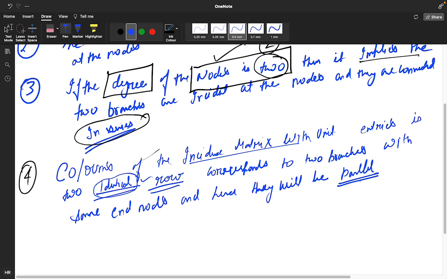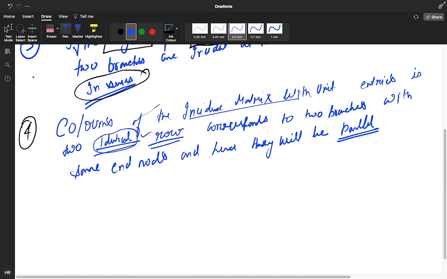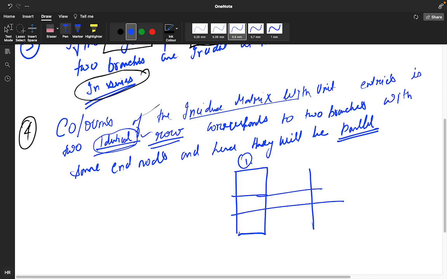Okay, so a column of an incidence matrix with unit entries in 2 identical rows, like see, if you have some value, this is your row, this is my row 1 and this is my row 2.